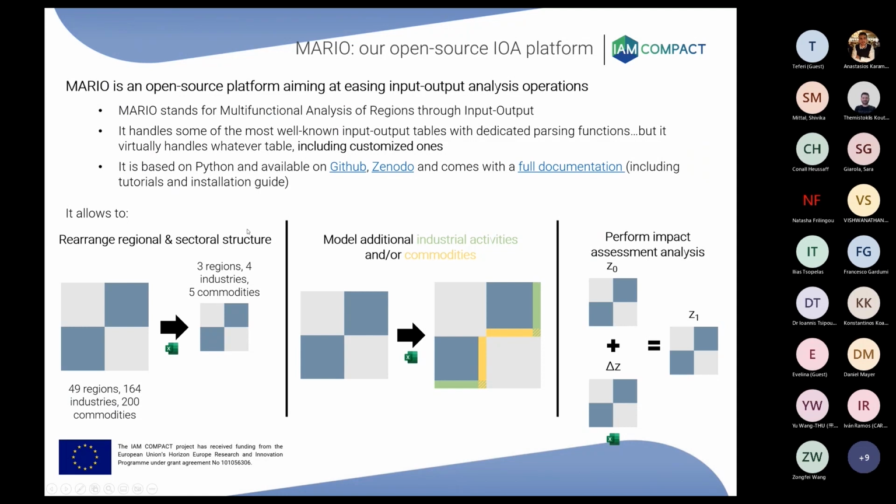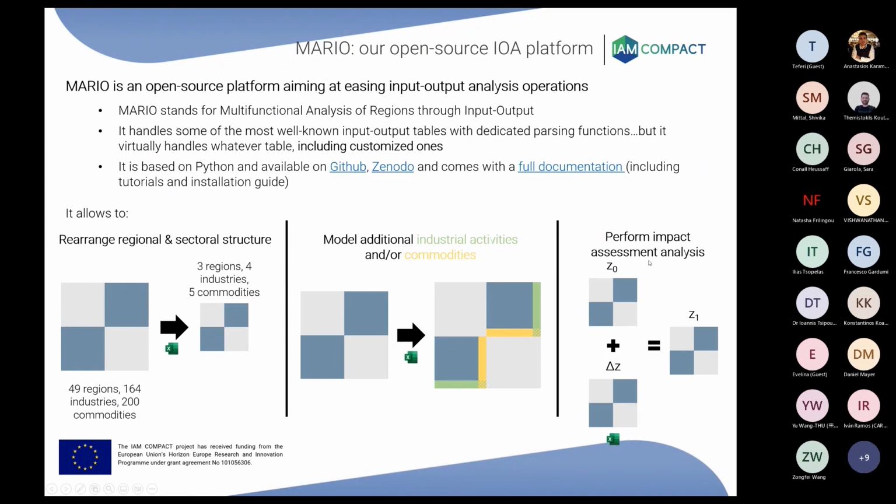The DyNERIO Python package allows handling such databases in order to rearrange regional and sectoral structure, to model the addition and inclusion of new industrial activities or new commodities, to assess the impact of such industries and commodities, and then to perform various types of impact assessments.